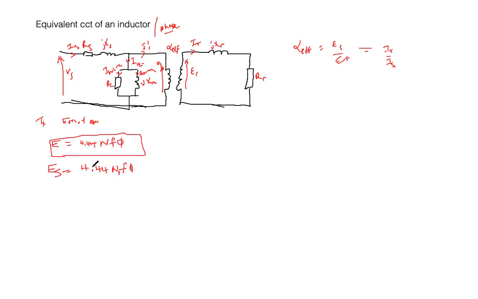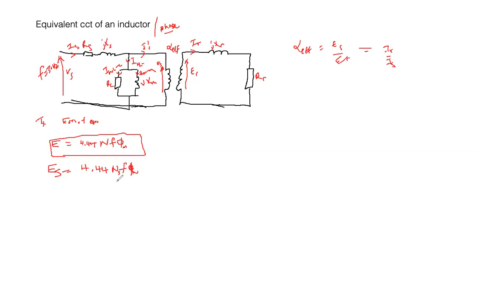Now you should know that the frequency here is the one coming from the source, usually 50 Hertz. That's the frequency of the magnetic field. I think this flux is supposed to be the maximum, if I'm not mistaken.